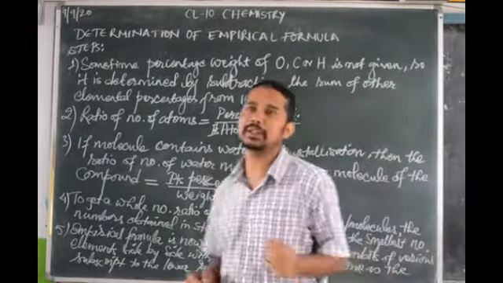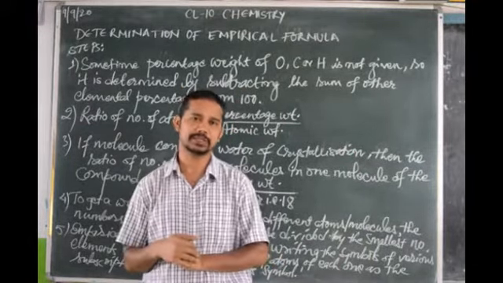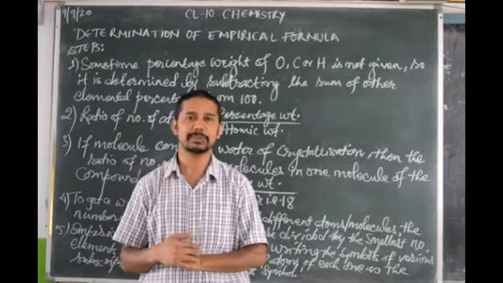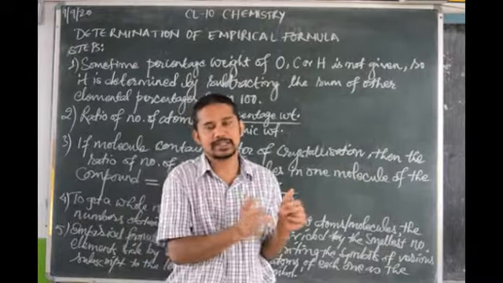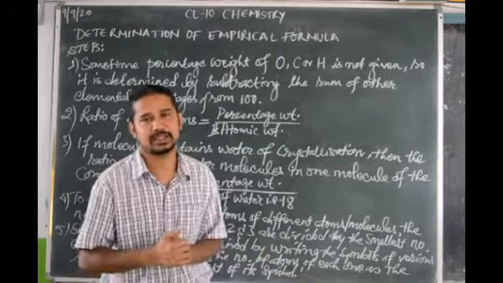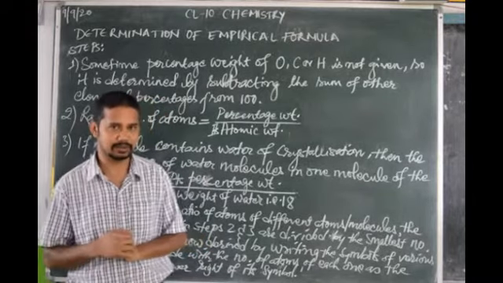For example, if the percentage weight of water is given as 55%, you divide this 55% by 18, and that will be the approximate number of molecules of water present in a molecule.